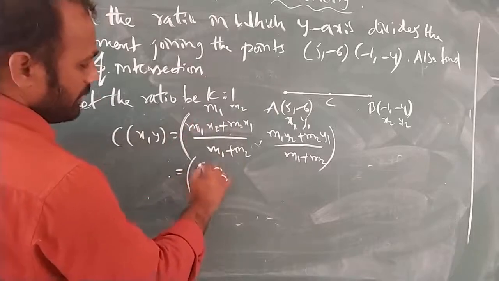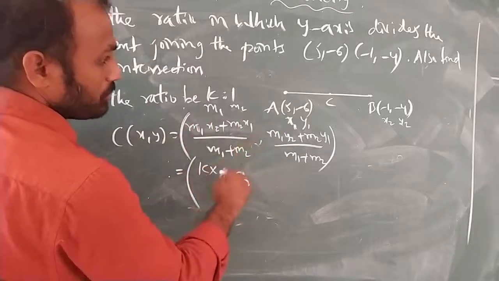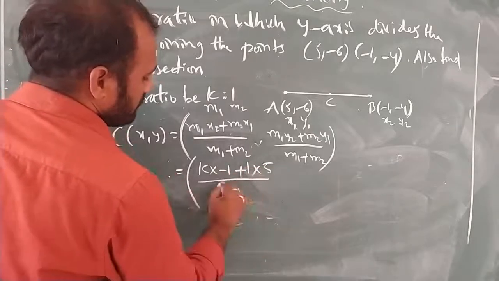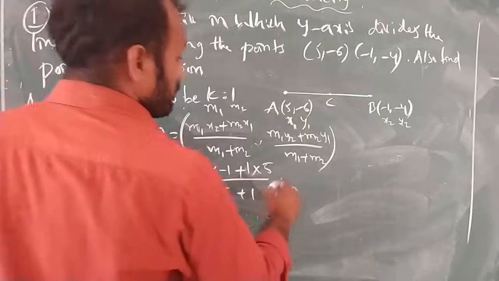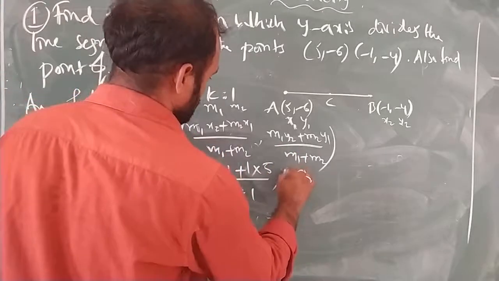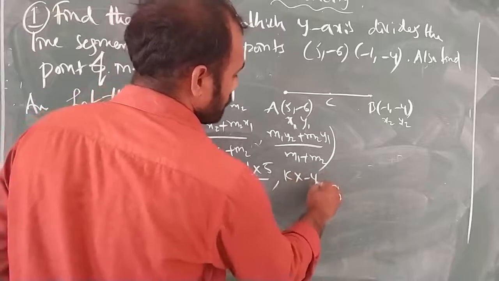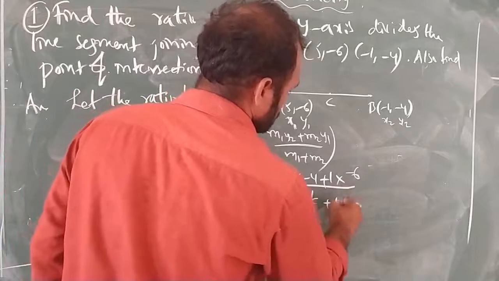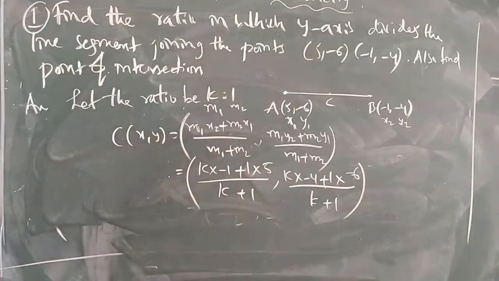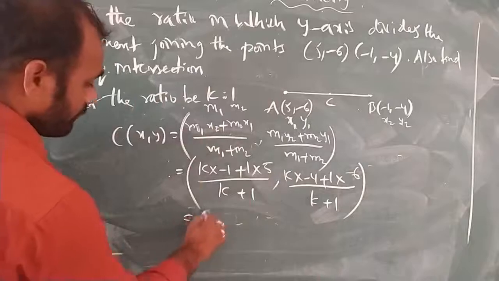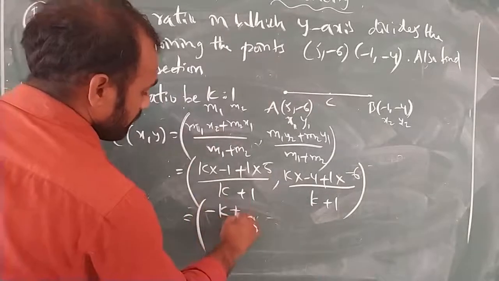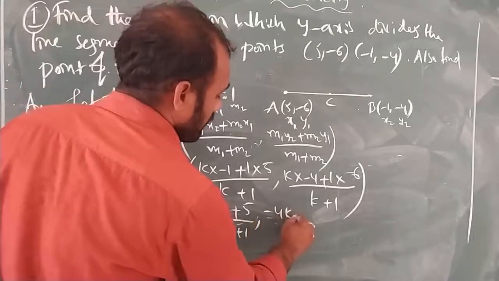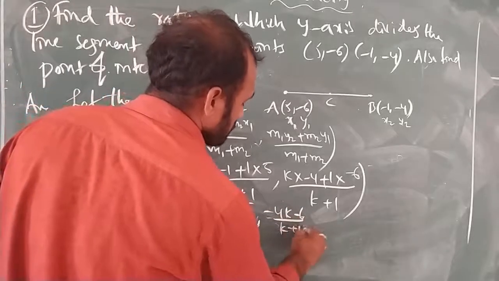So m1 is k into minus 1 plus 1 into 5 divided by k plus 1 comma k into minus 4 plus 1 into minus 6 divided by k plus 1. So it is minus k plus 5 by k plus 1 comma minus 4k minus 6 by k plus 1.